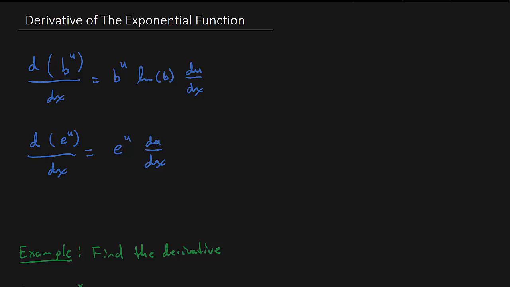All right, and then we have the derivative of e to the u. Well, that's just e to the u times the derivative of the exponent. Now, keep in mind, whenever you're finding derivatives of exponential functions, most of the time you're going to be dealing with e raised to a power, this one down here.